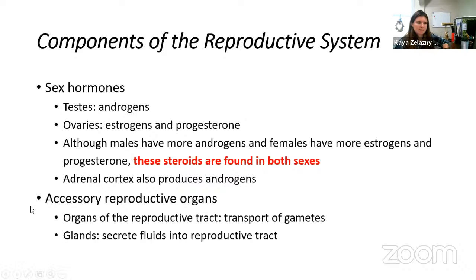In the accessory reproductive organs, we're going to see that their role, rather than producing sperm or ova on their own or producing these hormones, really they're going to be involved in transporting gametes or secreting different types of fluid that allow the sperm and ova to move and to do their jobs. So we'll see some of them producing enzymes, things like that. So those are the other organs and the other structures that you've seen in lab largely.